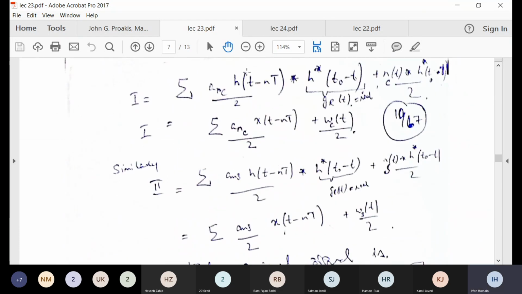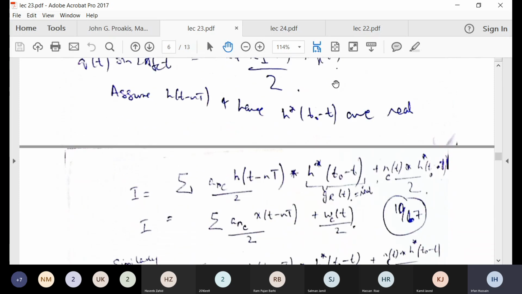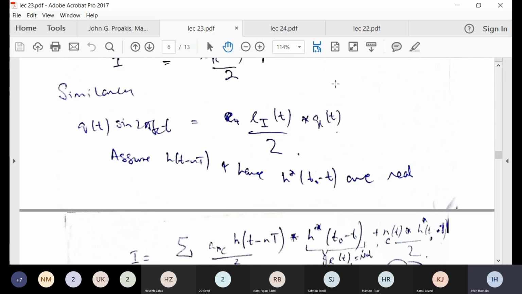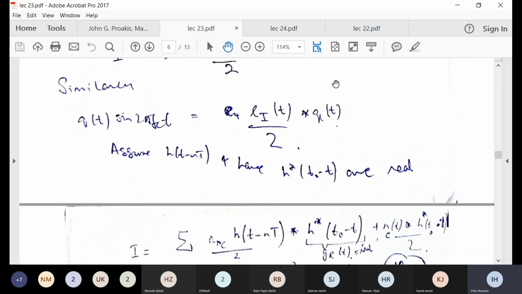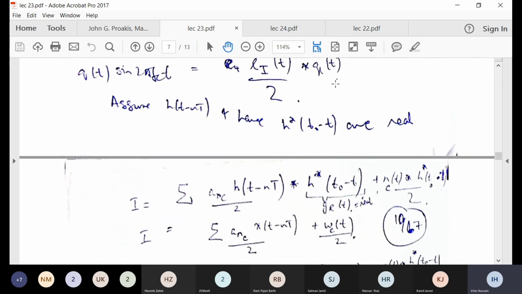Then what happens is that we pass this sequence through our matched filter. So here let us say we assume that the channel coefficients are real, and we are sending any signal. We could be sending PAM, PSK, or whatever.